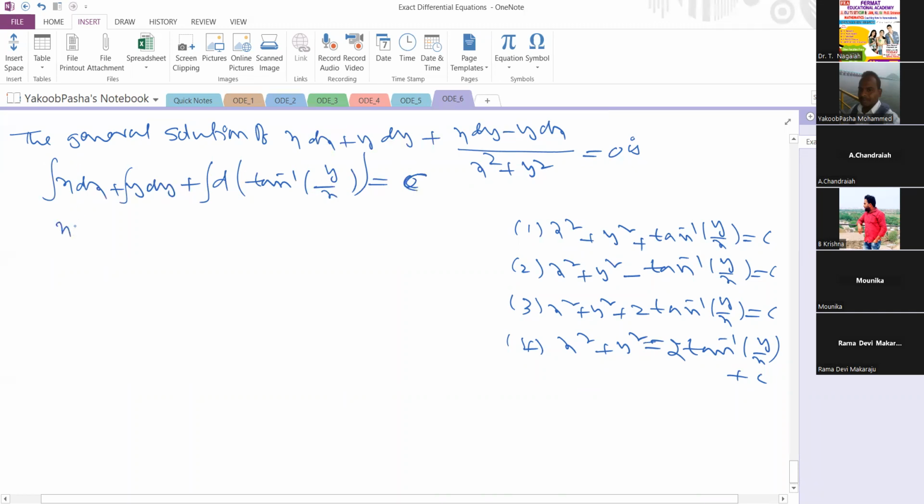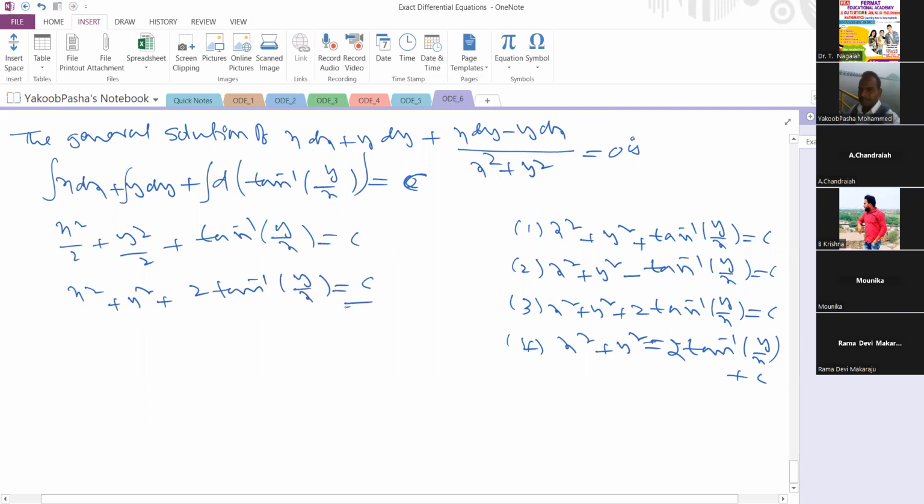So x square by 2 plus y square by 2 plus the integration of d of tan inverse y by x is equal to tan inverse y by x, that is equal to c. Now x square plus y square plus 2 tan inverse y by x is equal to 2c, which is nothing but c. The third option is the right option.